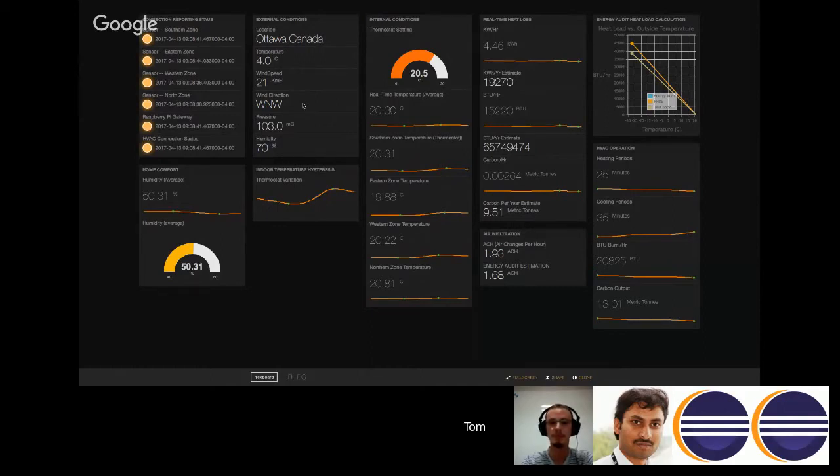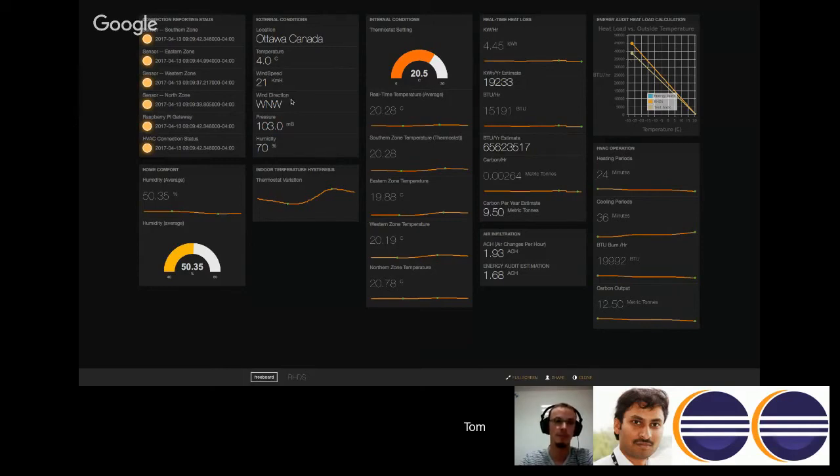So essentially, the first thing we were able to do is reproduce the load profile of my home. And this is something that an energy auditor would come in to do, a load calculation. This curve basically plots how much energy you need to heat and cool your home, and using our formulas, we were able to reproduce that curve, and therefore we were able to make some further calculations.